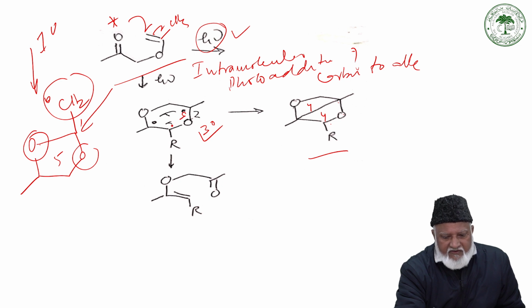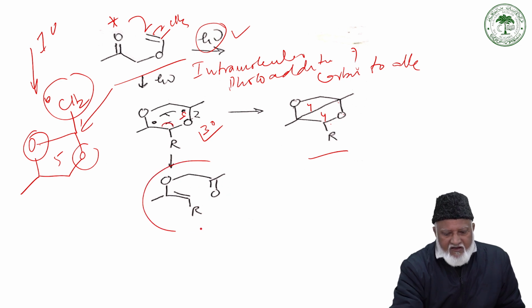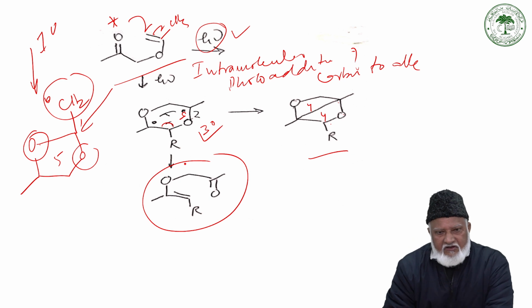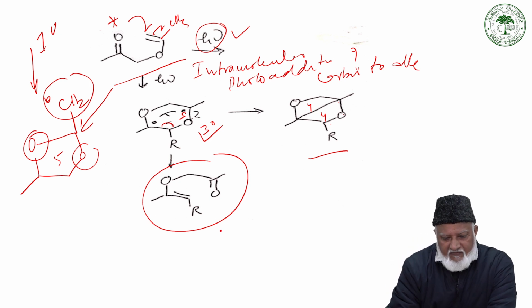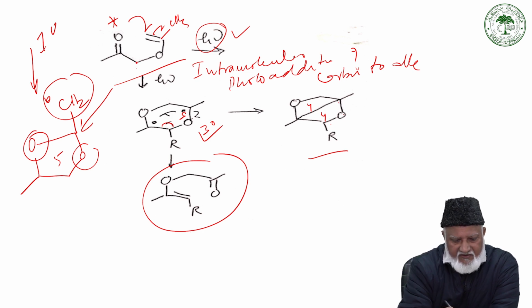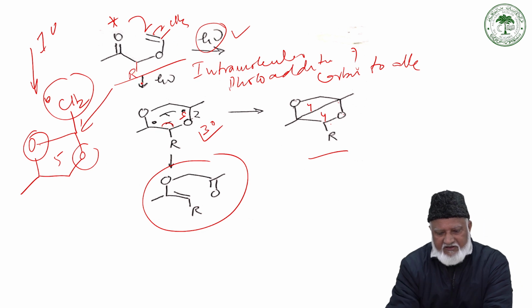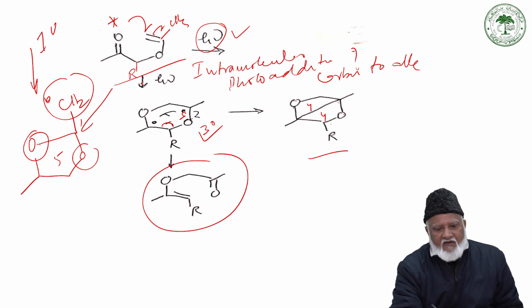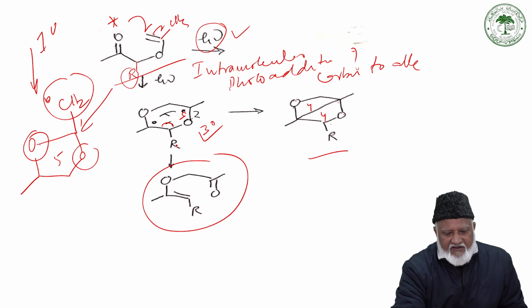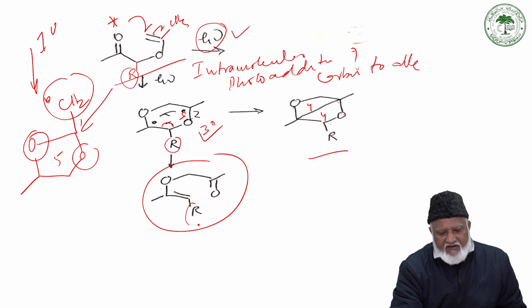This can open like this to give this enone, and after the rearrangement we have an R here. Of course R and CH3, these 2 are missing in the starting material. So there is an R here, and then we can have an R in this one as well.